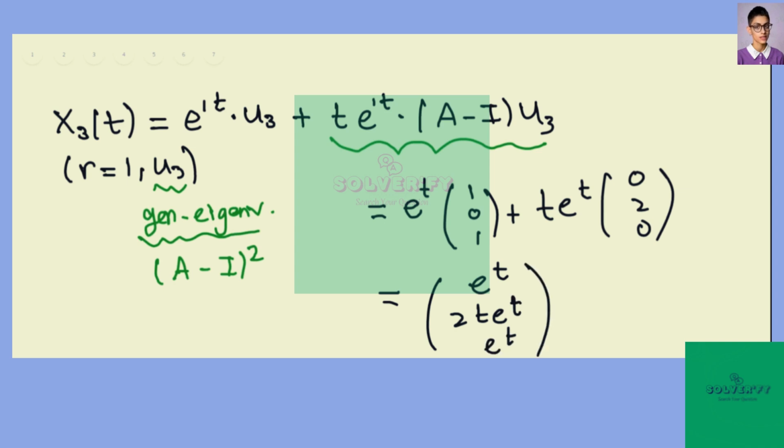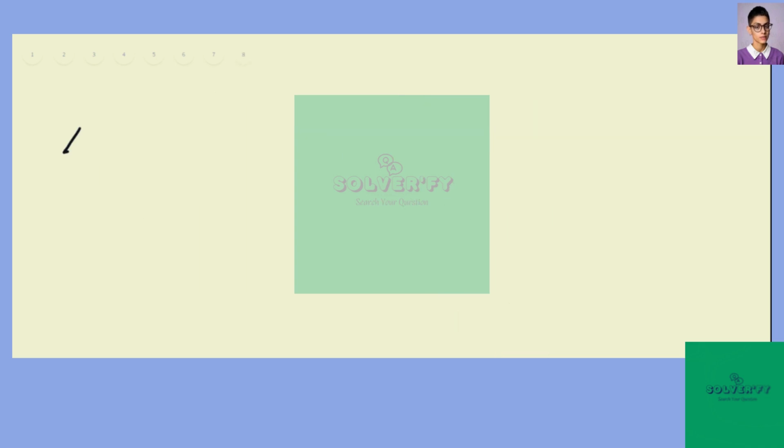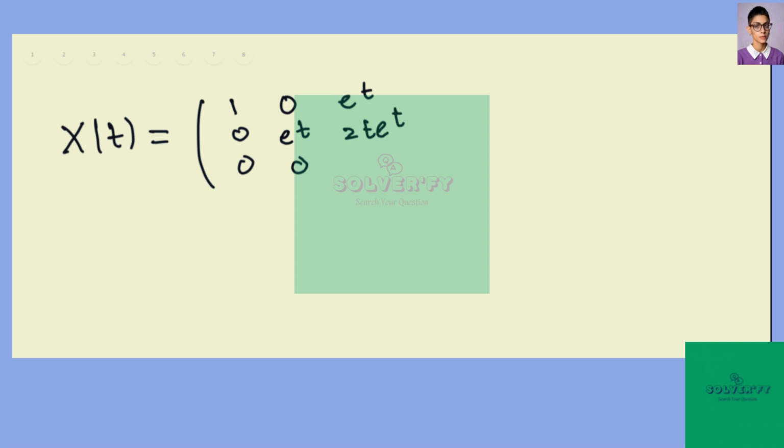So now let's combine these three columns together to get our answer X(t). X(t) will be the matrix with first column 1, 0, 0, then 0, e^t, 0, and finally e^t, 2t e^t, e^t.